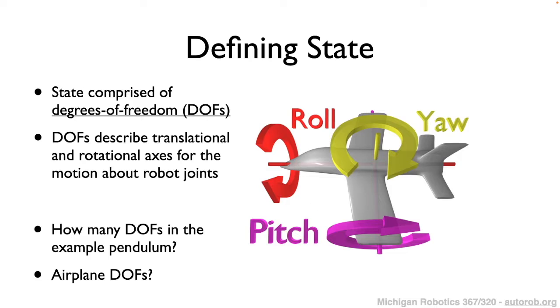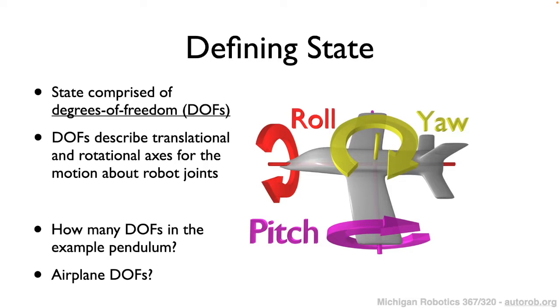In this particular figure, for example, we're looking at an airplane, and it's illustrating the idea that there are 3 degrees of freedom for rotation within an airplane, right? You have the roll, the pitch, and the yaw, which are each distinct in how they will affect the pose of the plane at each instant in time. In addition to these 3 degrees of freedom, there's another 3, which are the translational degrees of freedom.